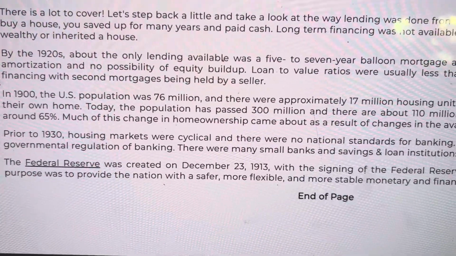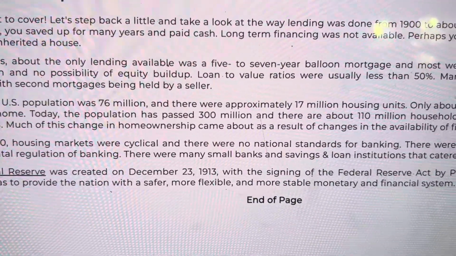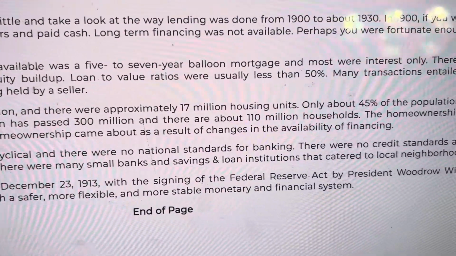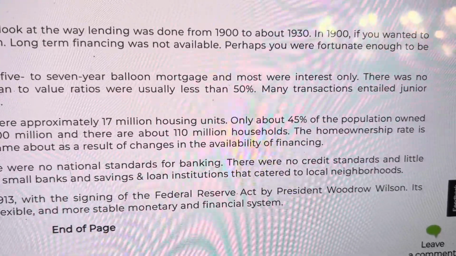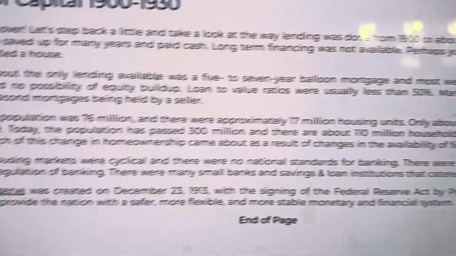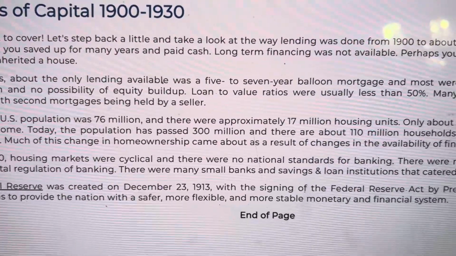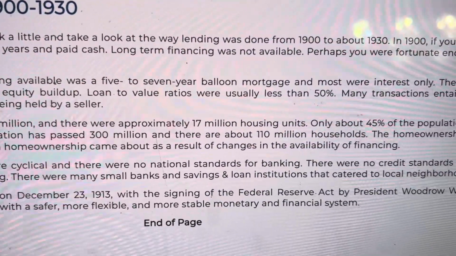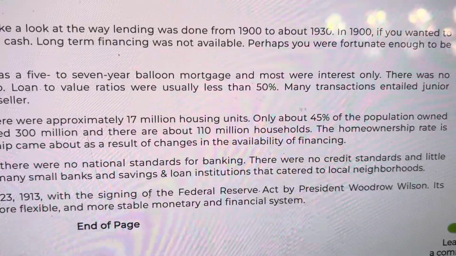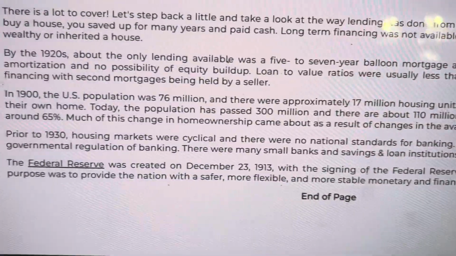Prior to 1930, housing markets were cyclical, and there were no national standards for banking. There were no credit standards and little governmental regulation of banking. There were many small banks and savings and loan institutions that catered to local neighborhoods.